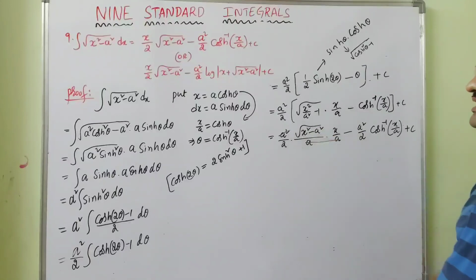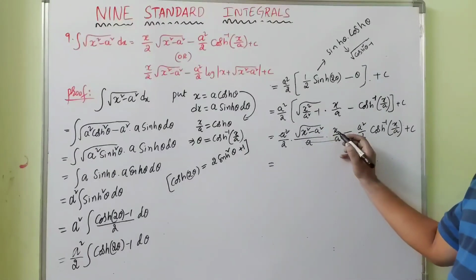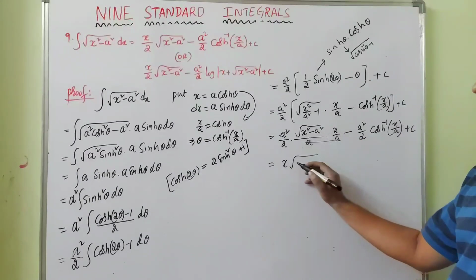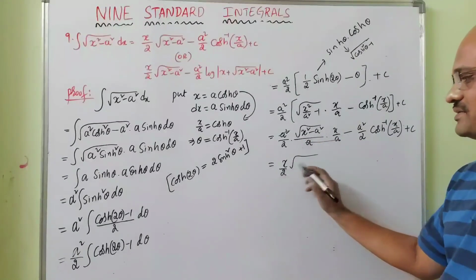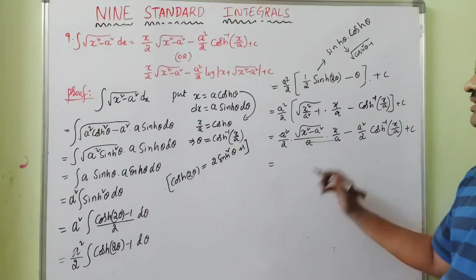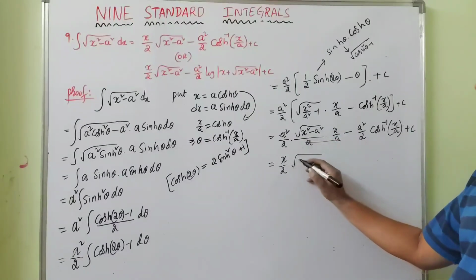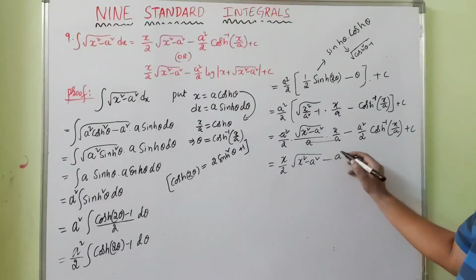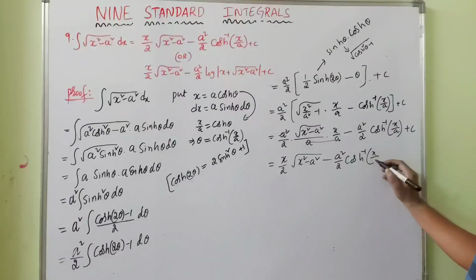A square gets cancelled. Now write the terms in order. I am writing x by 2 root x square minus a square, second term a square by 2 cosh inverse of x by a.